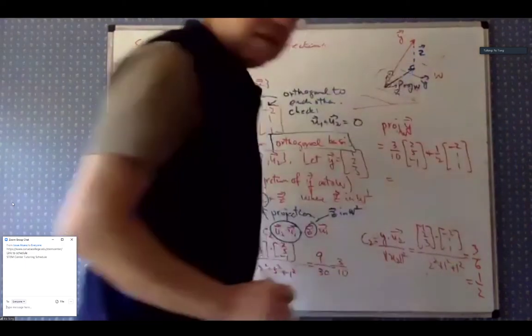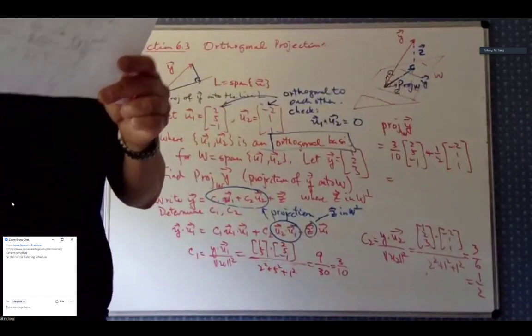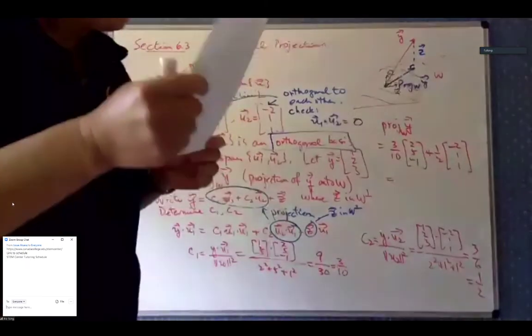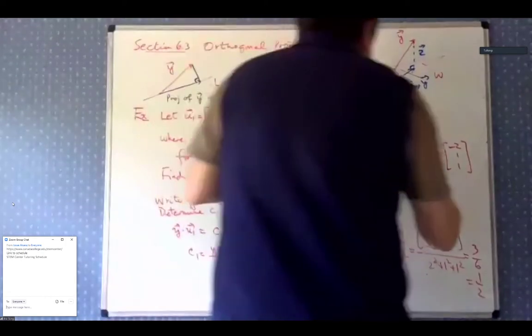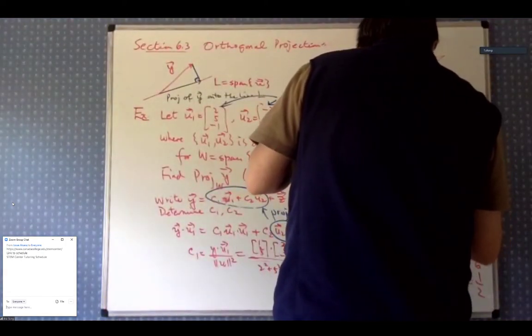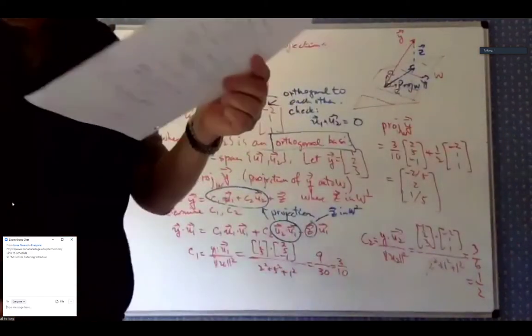Whatever that turns out to be, minus 2 over 5, 2.